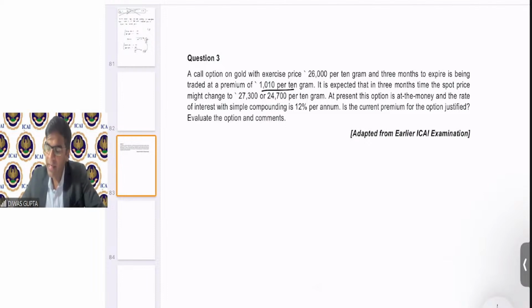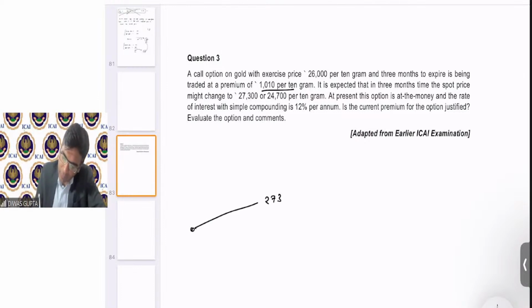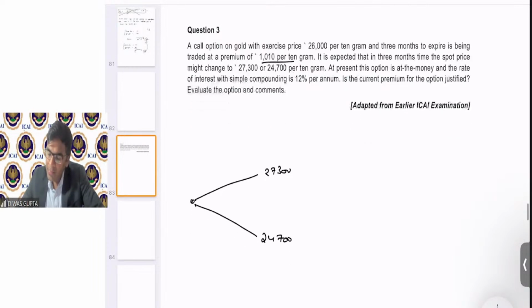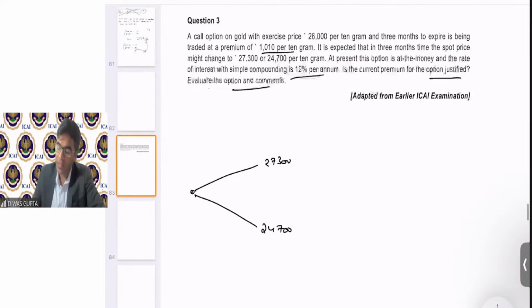It is expected that in 3 months time, the spot price might change to 27,300 or 24,700 per 10 gram. At present, this option is at the money and the rate of interest with simple compounding is 12% per annum. Is the current premium for the option justified?